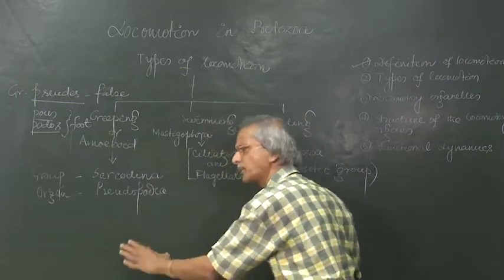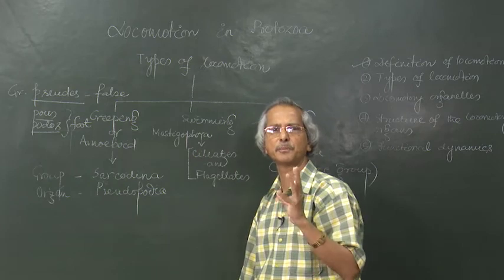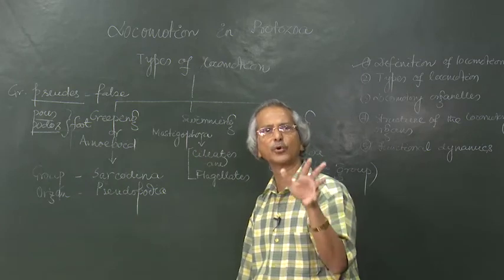Now, there are four different types of pseudopodia found in the Sarcodina group.